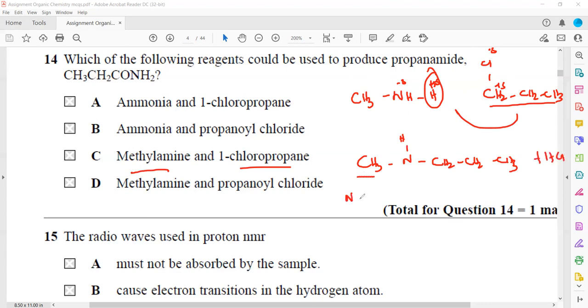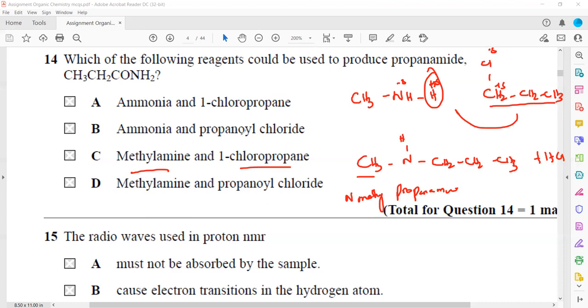It is N-methyl, because the methyl group is attached to nitrogen, that's why we call it N-methyl, and 1, 2, 3 are there. So it will be propanamine. So it is N-methylpropanamine, but not the desired product which we want.